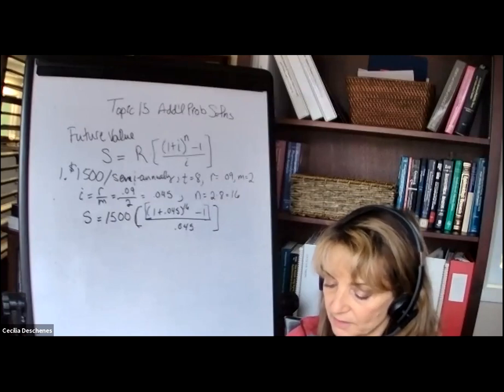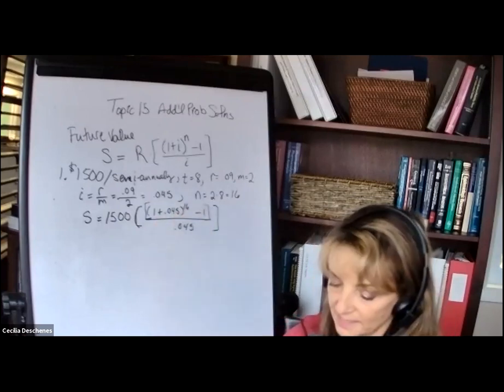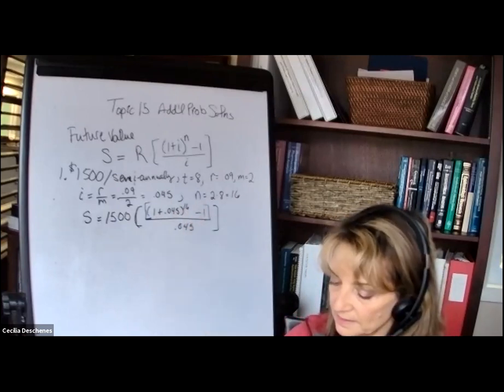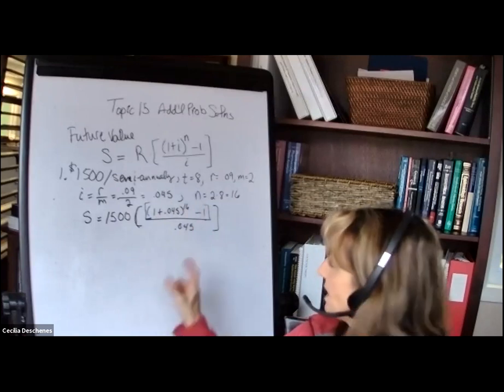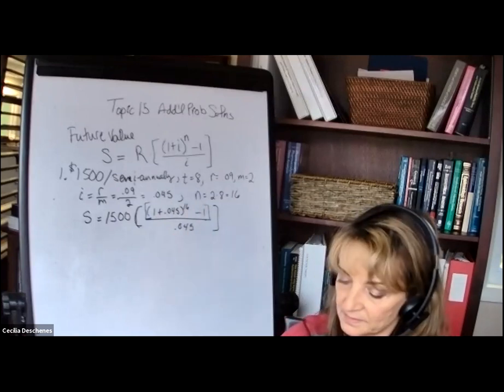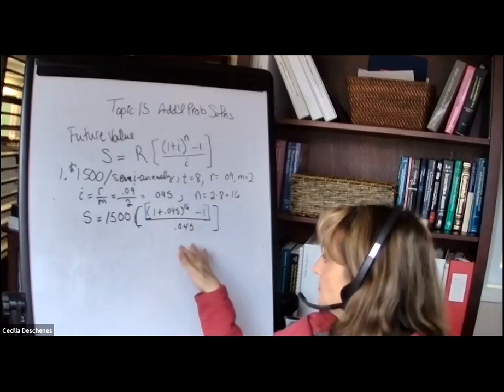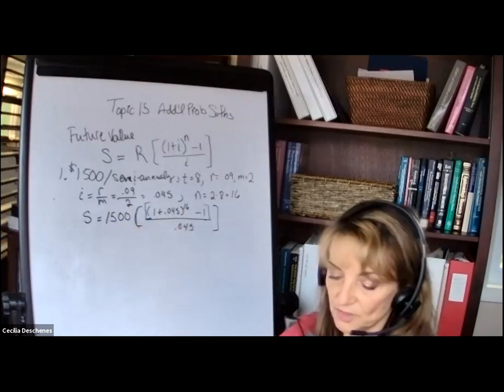With my iPhone calculator, I have to actually start from the inside and raise that to the 16th. And once I have that, I subtract the 1. And once I have that, I divide by the bottom. And I get a number that's like 22.72. And I'm going to multiply that by the 1,500.